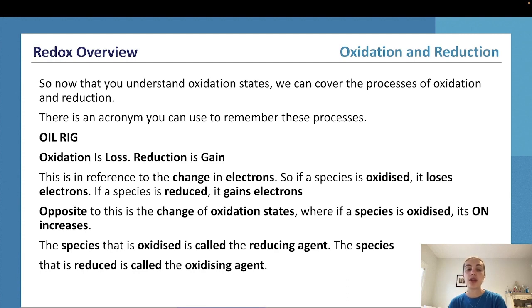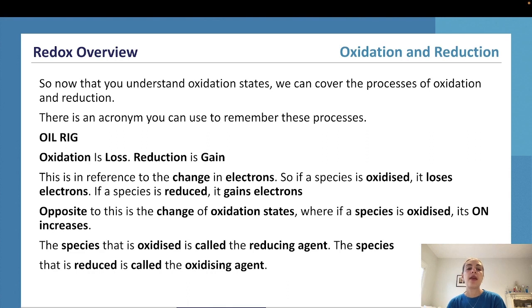So oxidation is the loss of electrons and reduction is the gain of electrons. It's also good to remember that they sort of sound the opposite of the way they're meant to be. Because if you think about it, reduction seems like it should be a loss of electrons, but reduction is actually a gain of electrons. And you would think that oxidation is then going to be the gain of electrons, but it's actually the loss of electrons.